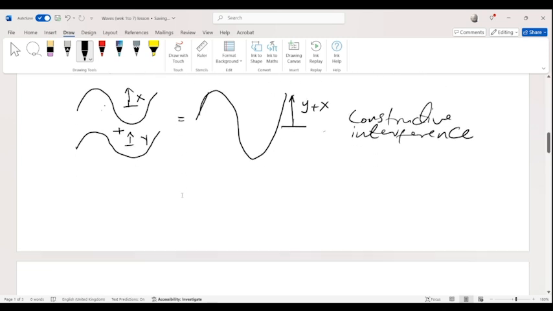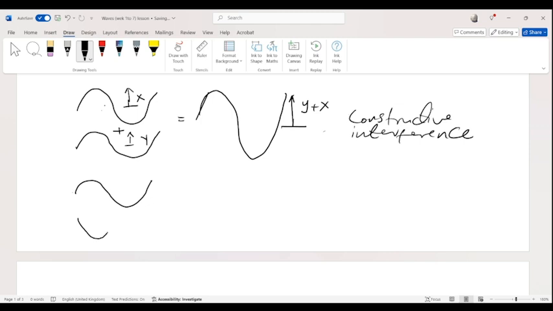Okay, so what happens when two waves are not in phase? My drawing skills.